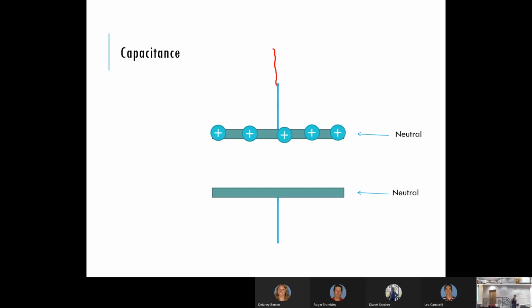So that top plate becomes positively charged. It has an excess of positive charges versus negatives.